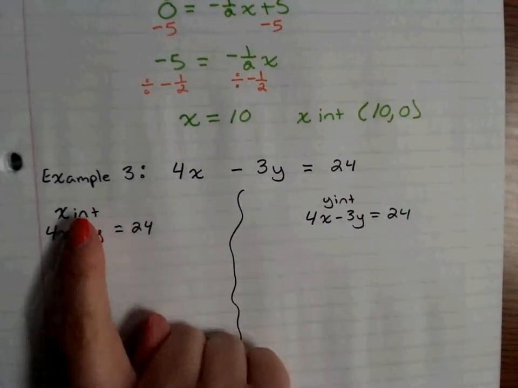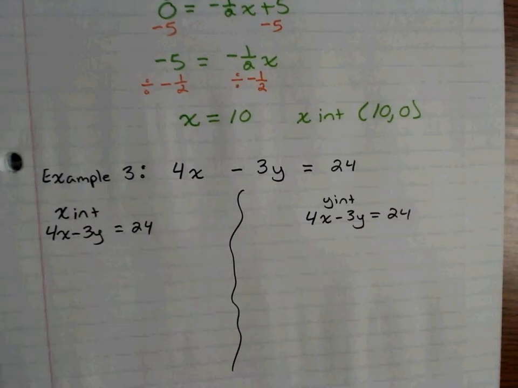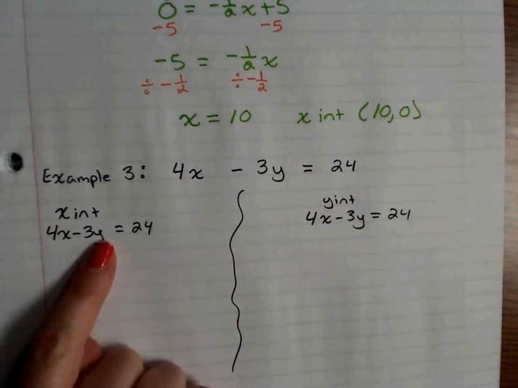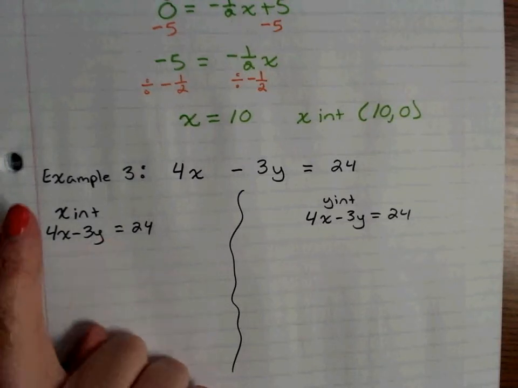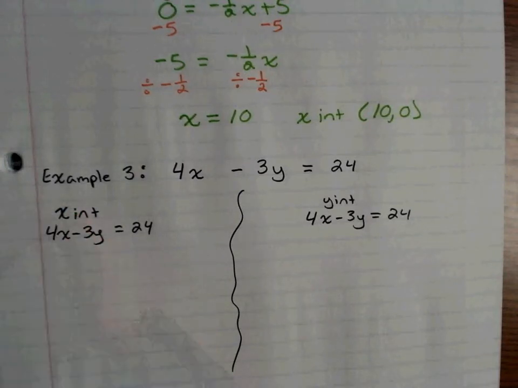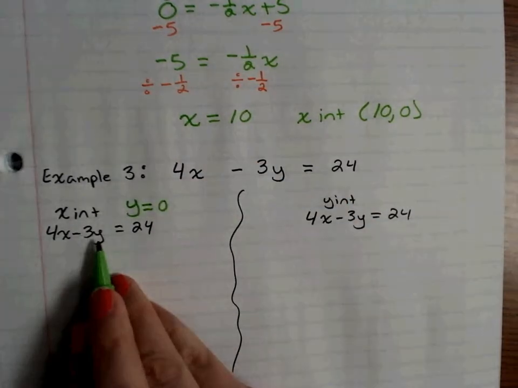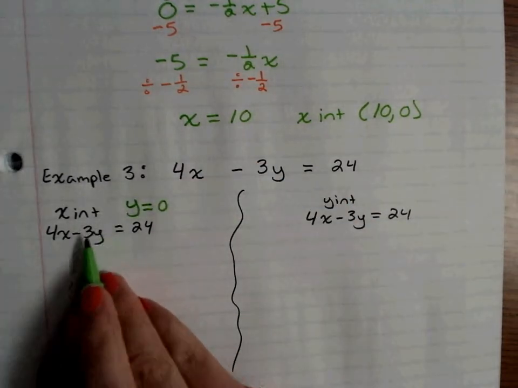When I'm solving for my x-intercept, which value is going to disappear? The y. If I'm solving for x, that means y is what value? 0. If I'm solving for my x, that means that y is going to be equal to 0. Well, if I plug a 0 in here, what's going to happen to this?